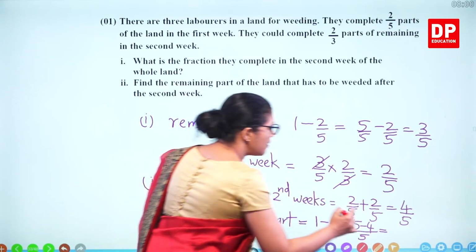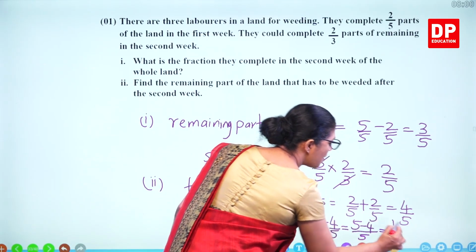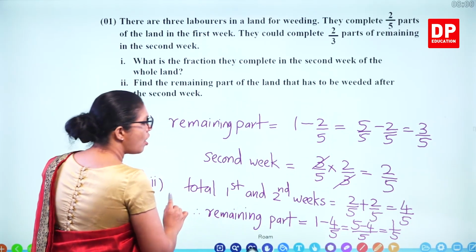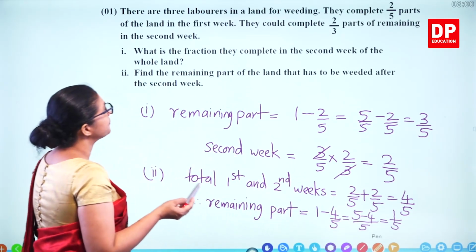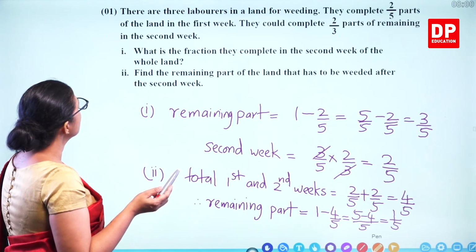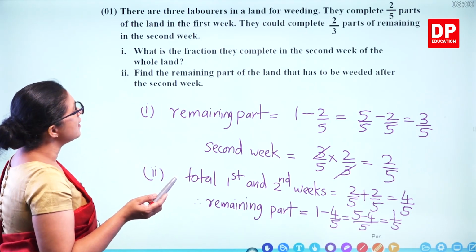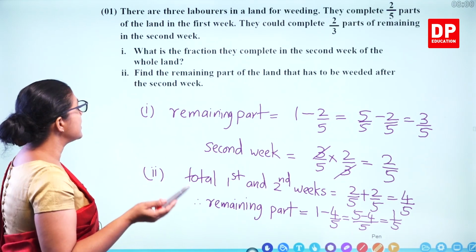That's 1/5. This is remaining for the third week. So find the remaining part of the land that has to be weeded after the second week.